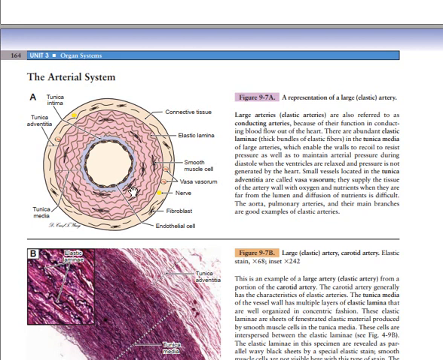These wave-like structures are many elastic lamellae, which are the major part of the elastic artery or large artery. Then you can see just some small layers of smooth muscle. The smooth muscles are not very numerous here. And then you have the connective tissue layer in the tunica adventitia, which is above here.